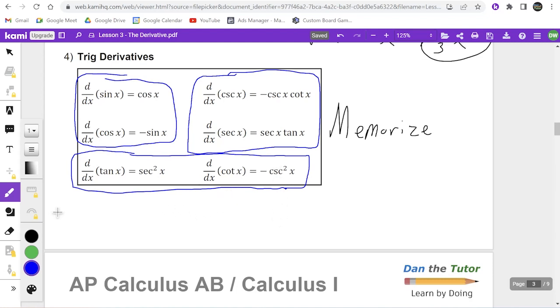And the last tip I'm going to give you for remembering is that any of the trig functions that begin with the letter C, for instance, cosine, cosecant, and cotangent, those are the ones that get the negative signs. And that is not a coincidence. I can't give a proof for why that is, but it's what you memorize.